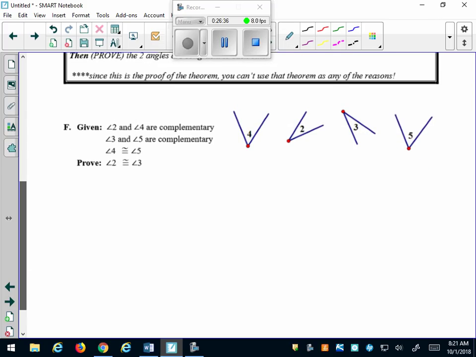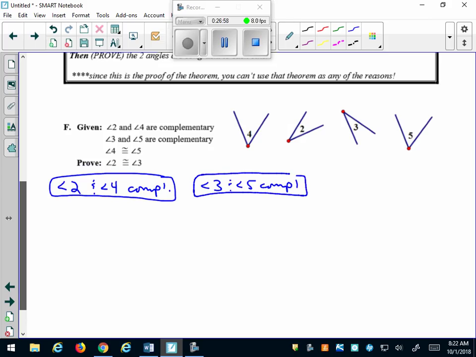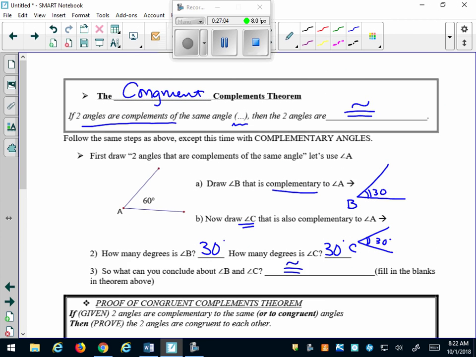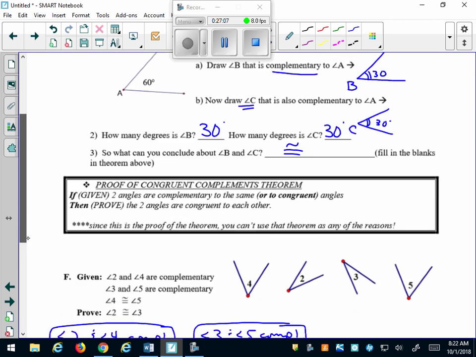All right, proving the congruent complements theorem is going to work the same way. If we know that angle 2 and angle 4 are complementary, and angle 3 and angle 5 are complementary. So notice here we're proving that little parenthesis part, or of congruent angles.